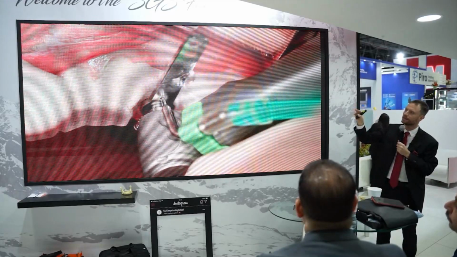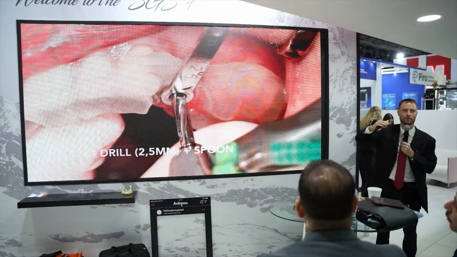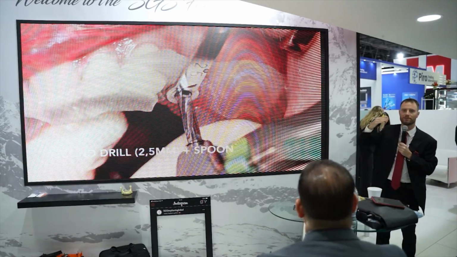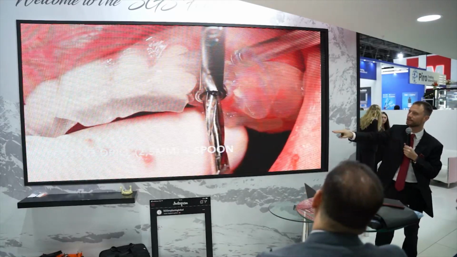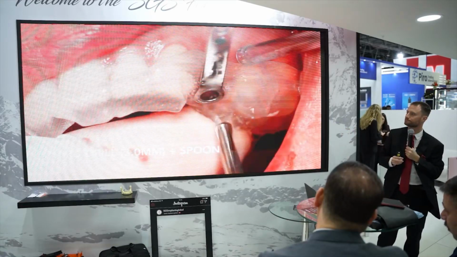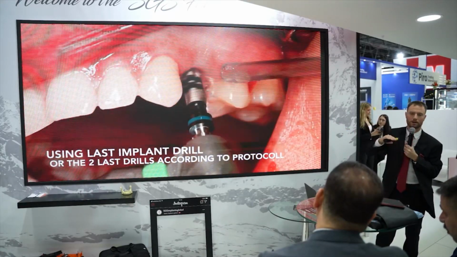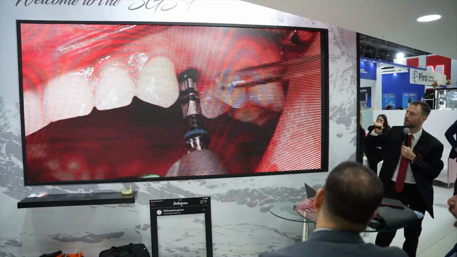In this system, we have these spoons to make them narrow, so we start with thinner drills, and then we do the extension one by one, having bigger and bigger drills until we have the housing. In this case, it's 2.5, then going with a 3mm drill. And at the end, we just have the last drill for tapping a bit. And then you just do the implant placement.